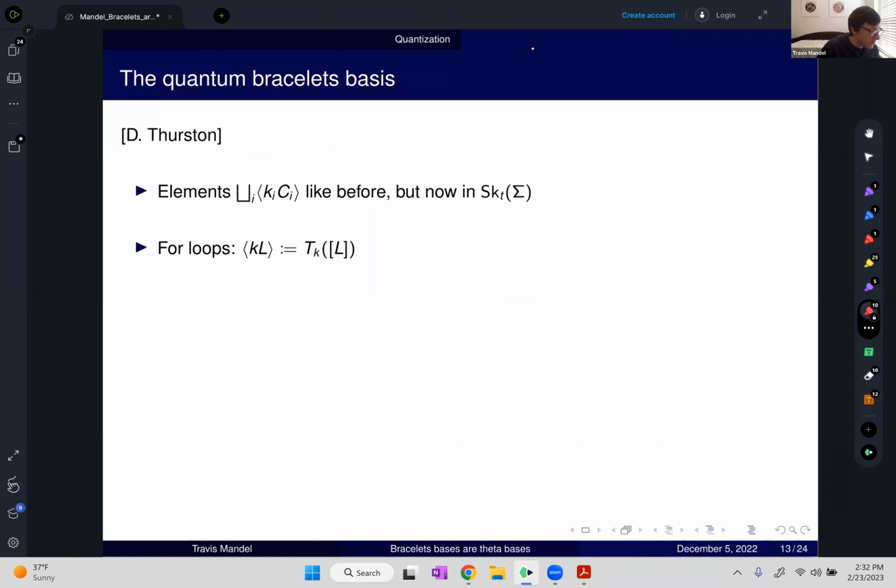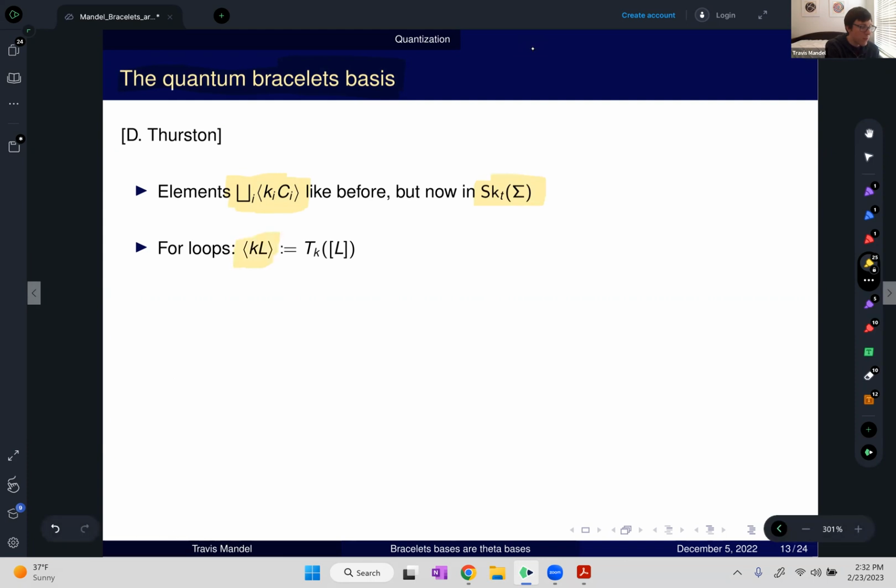So Dylan Thurston defined bracelet spaces here. So quantum bracelet spaces. The elements, again, we'll write them like this: disjoint union of these angled brackets K_i, C_i, but now these will be in this quantum skein algebra. For arcs, it's defined just like before: you take the arc to the K-th power.